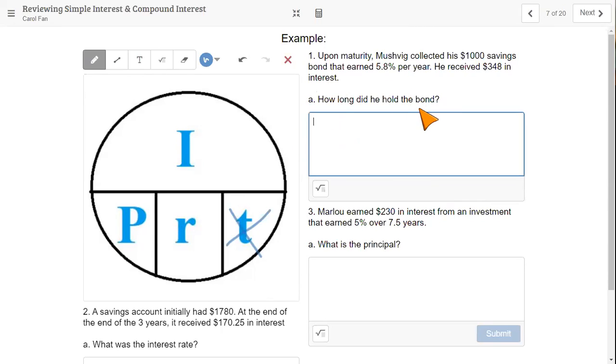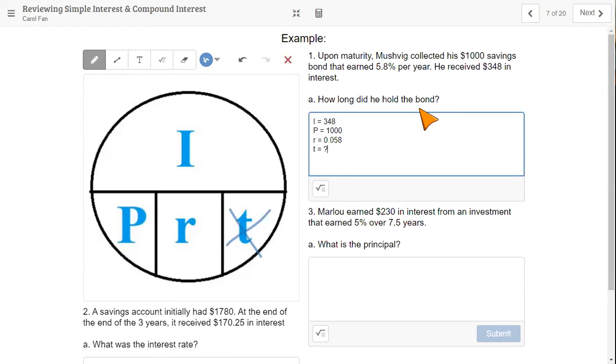Now, first of all, I'm going to sort out the information that I have. So I is equal to 348. P is 1,000. R is equal to 0.058.